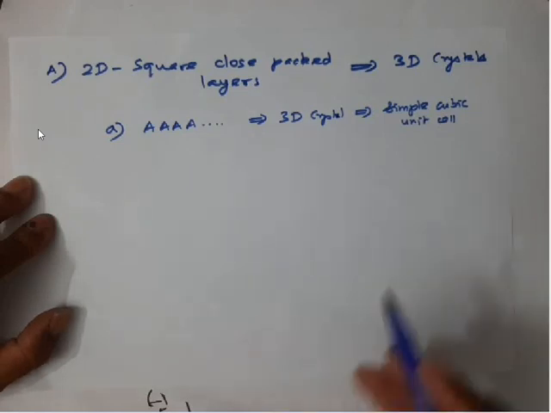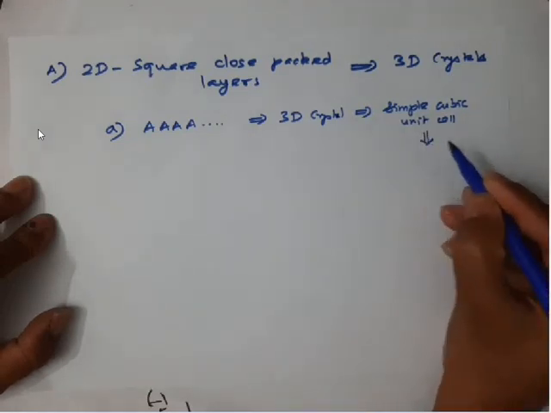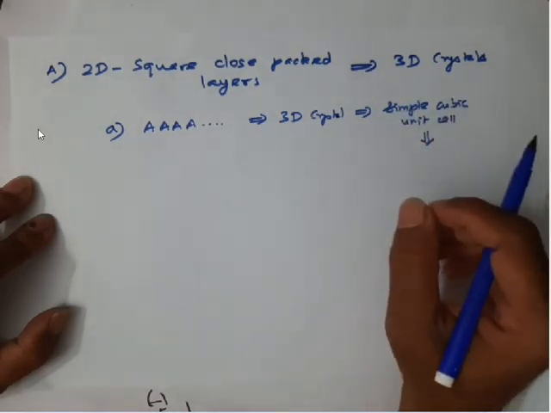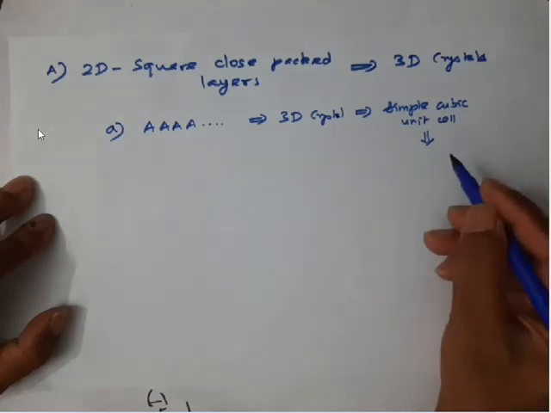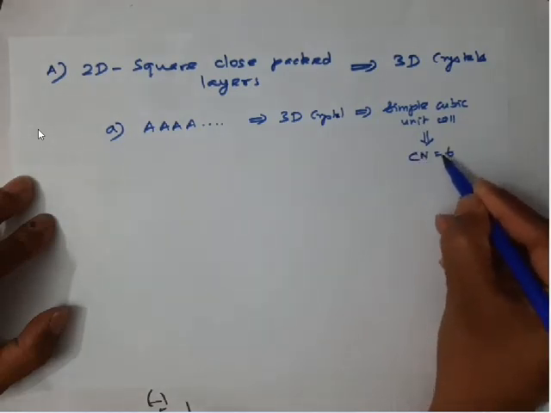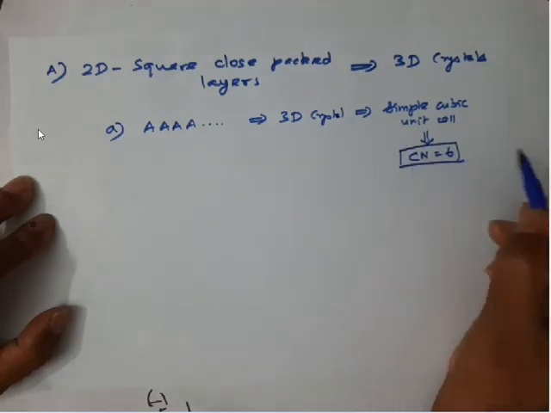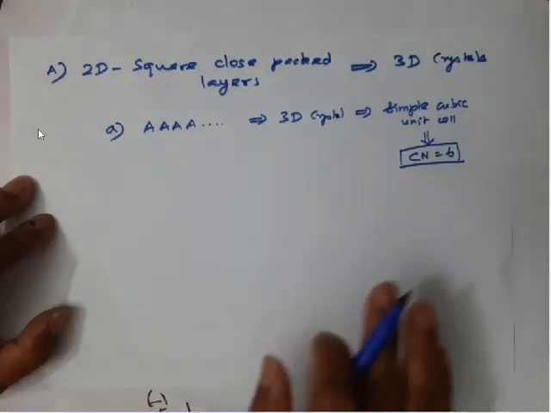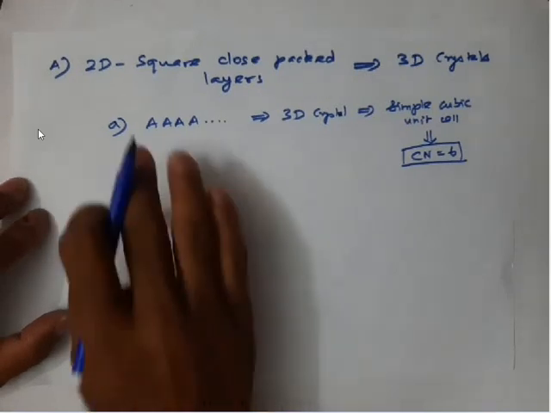In a simple cubic unit cell, each atom touches the surface of 6 adjacent atoms. Therefore, the coordination number in the case of a simple cubic unit cell is 6. So this is the information you should keep in mind for this construction.